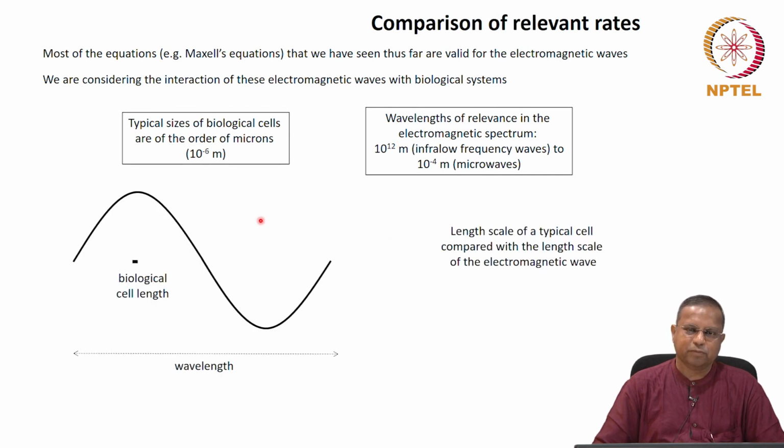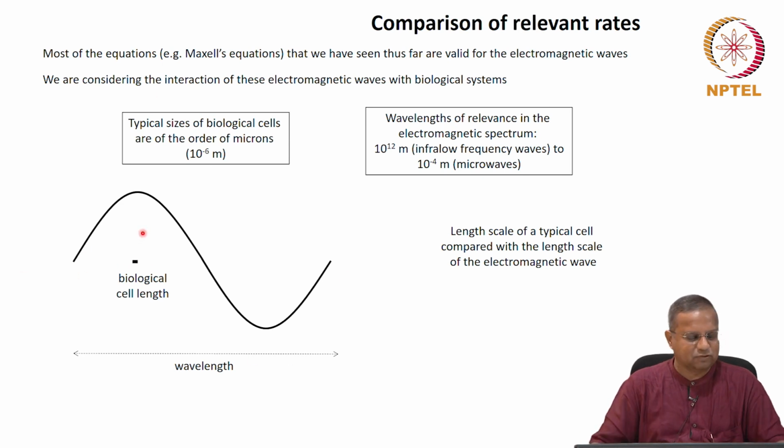So if you compare the size of a biological cell with the size relevant to a wave, it is something like this. This is the wavelength of the wave. I've blown this up quite a bit. It's going to be a very small dot, which may not be very visible, therefore it is blown up. This is not exactly to scale.